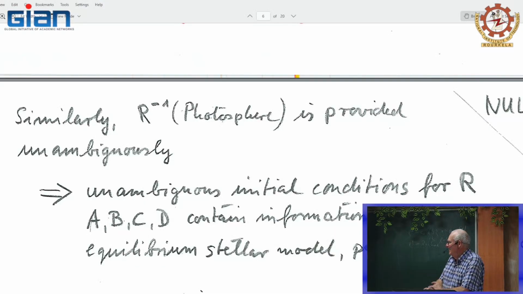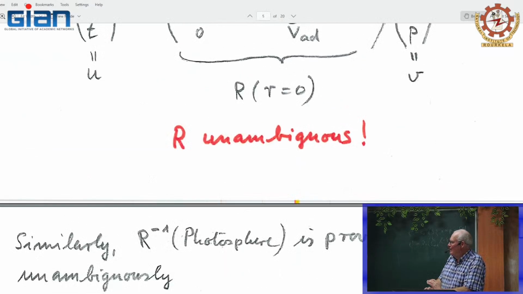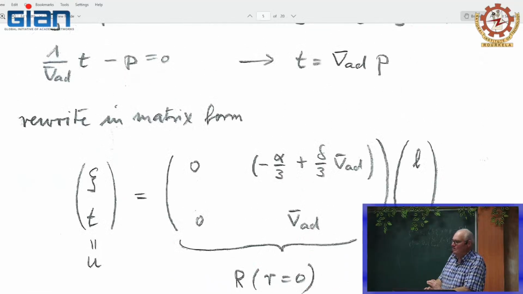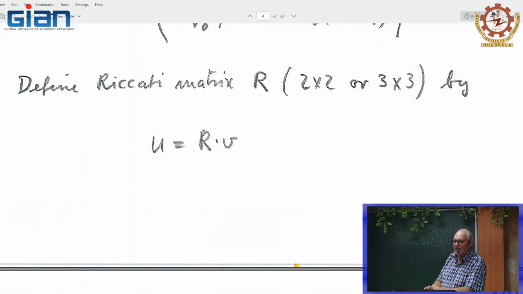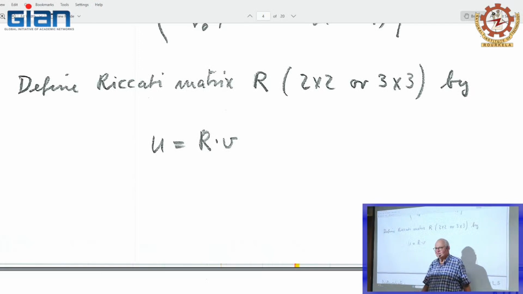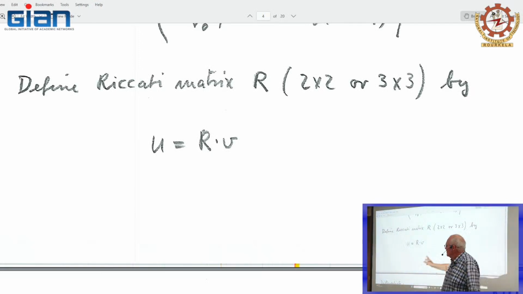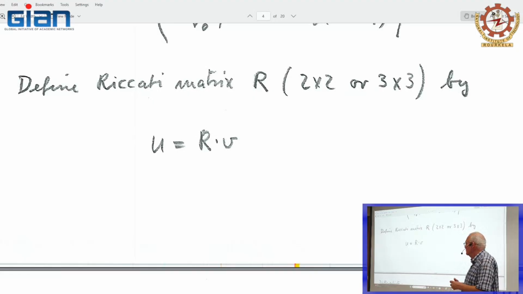Probably. Well, we could have defined our matrix R also in the opposite way. So instead of saying U is R times V, who tells you that you could not just take V as some matrix times U? Well, this would then be, if the inverse of the matrix R exists, the inverse of the matrix.